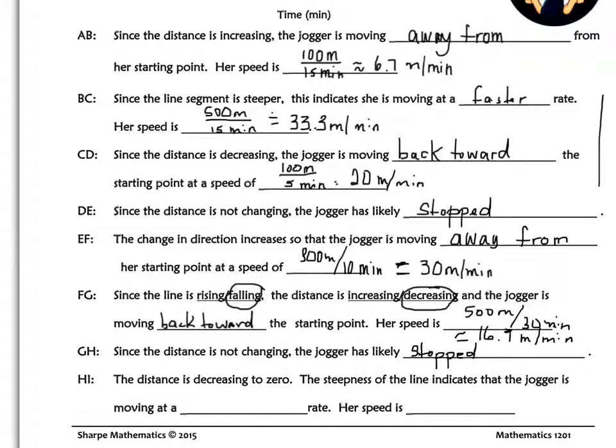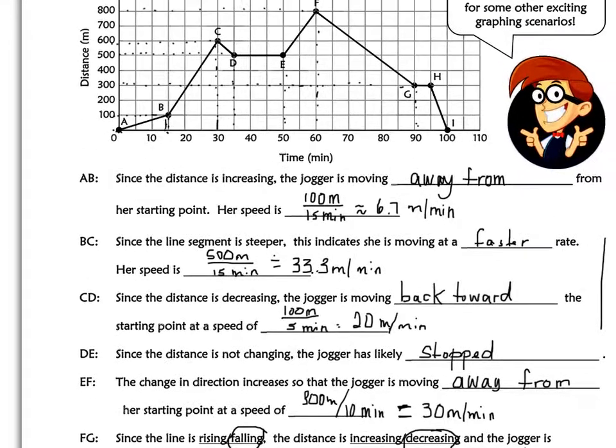And the last segment, HI, the distance is decreasing to 0. The steepness of the line indicates that the jogger is moving at a faster rate. If we just go back and look at the diagram once more, it's a steep line, so it's a faster rate. And you're covering from 300 down to 0, so 300 meters in a time span of 95 to 100 minutes, so 300 meters in 5 minutes.